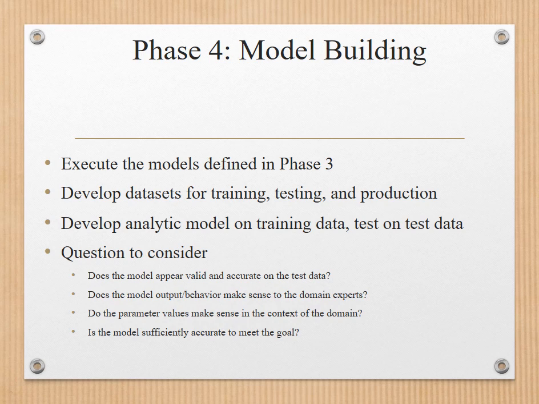Data gathered from the data preparation phase and the model planning phase is divided into training and testing. The training data set is used to build the model, and the testing data set is used to test the model.